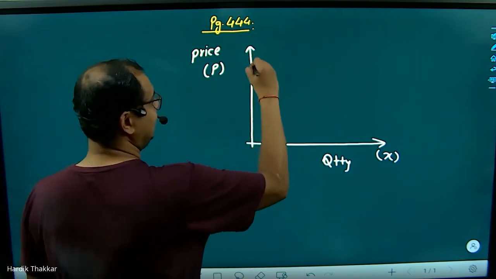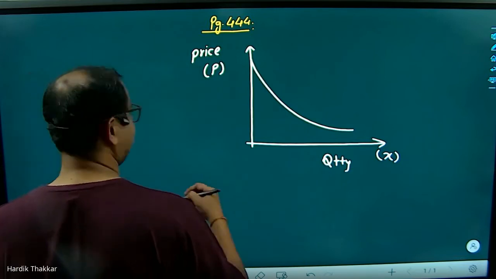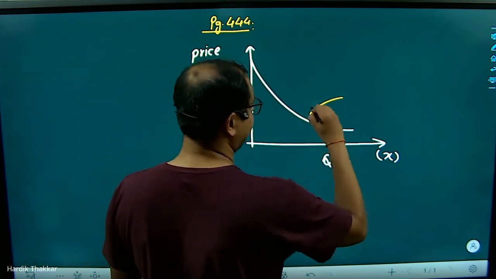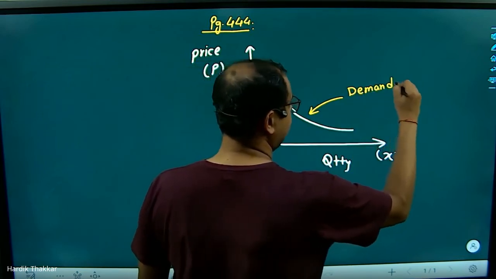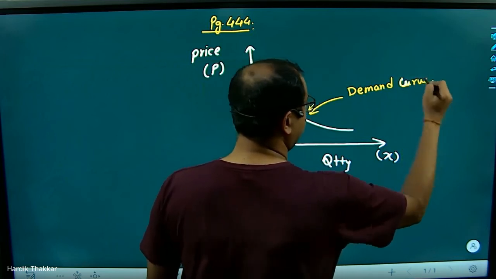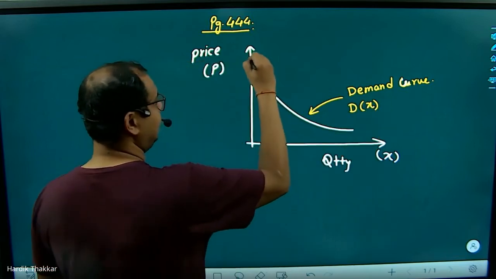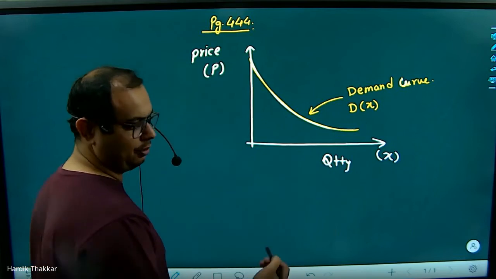This curve is called the demand curve, or it is also represented by d of x. So this curve is actually d of x, a function of x.